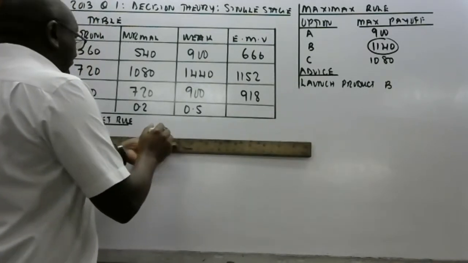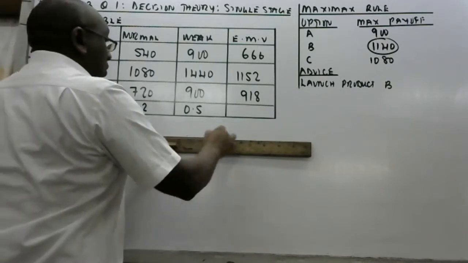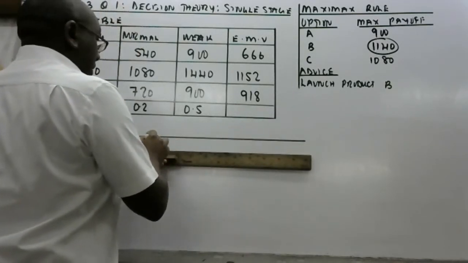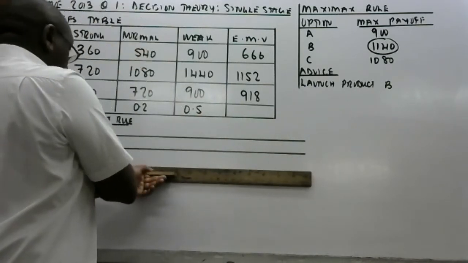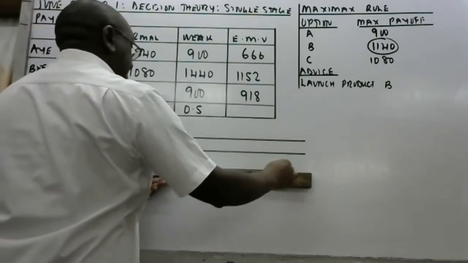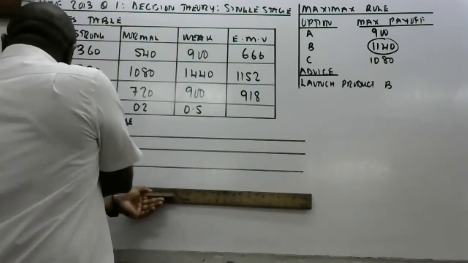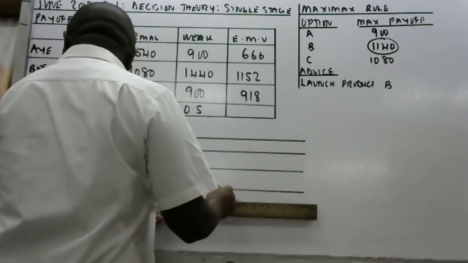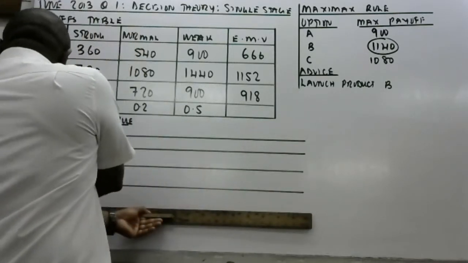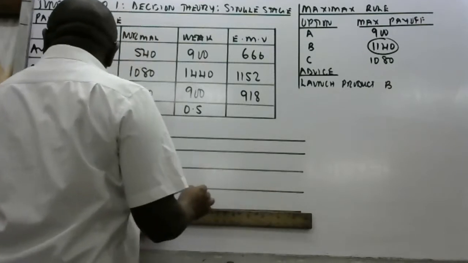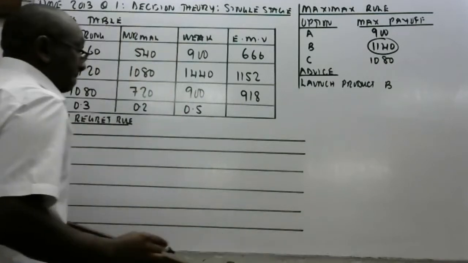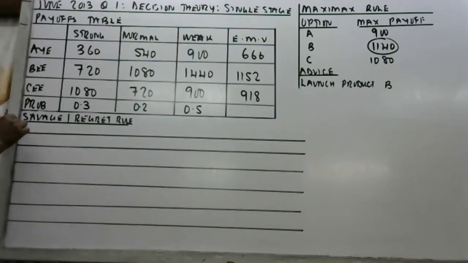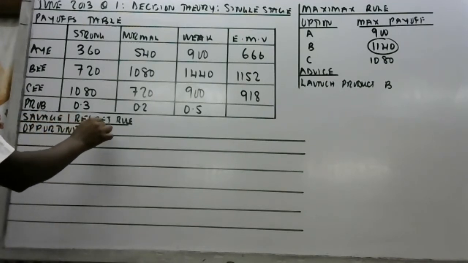Now this one requires that you create what we call the opportunity losses table.